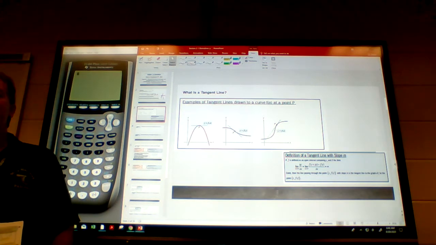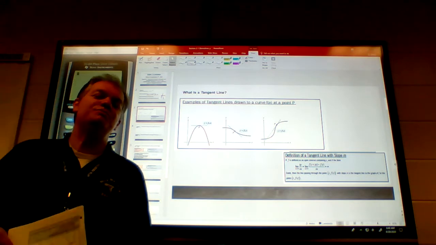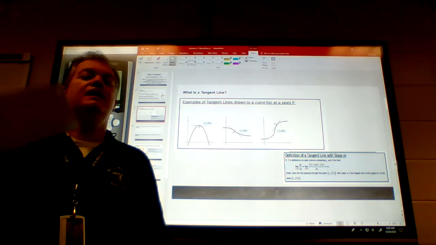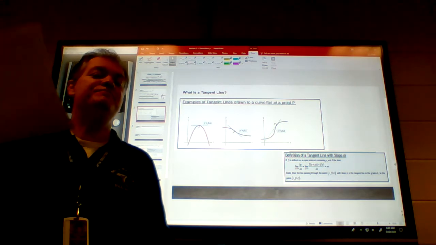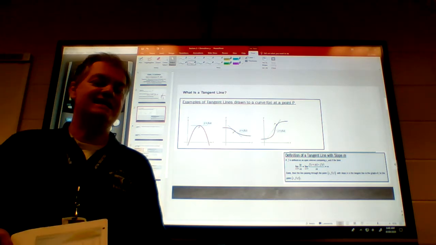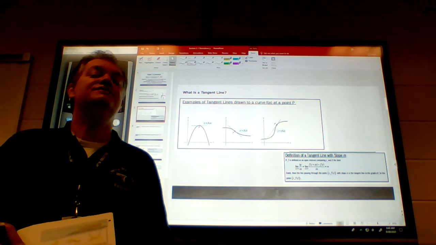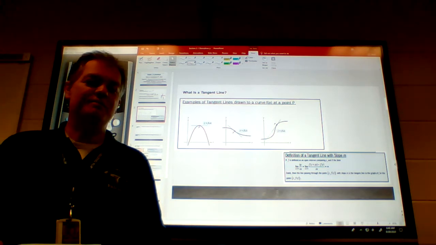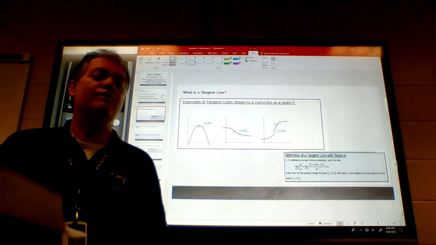Now, what we're going to be talking about is that you have been dealing with slopes of lines between 2 points. Calculus is based on instantaneous slope, meaning the slope at 1 point. That's what we'll be focusing on from this point on.